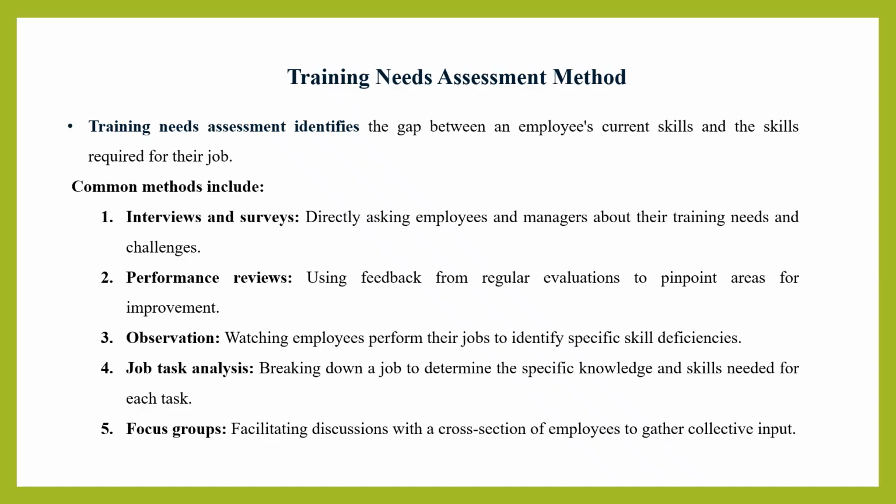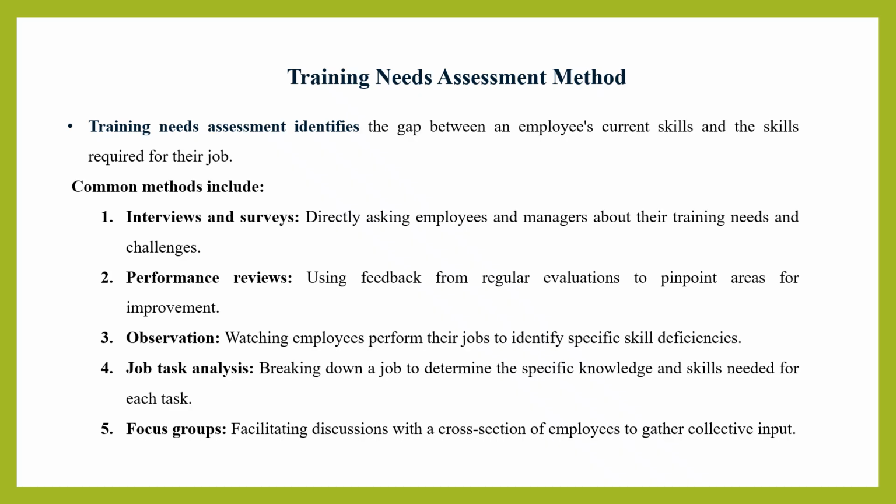Now let's start with next point, that is methods of training need assessment. So the question arises, how does HR identify training needs? So the answer is there are several methods which are used to identify the gap between employee current skills and skills required for that particular job. The first common method includes interview and survey, where HR directly asks employee and manager about their challenges.